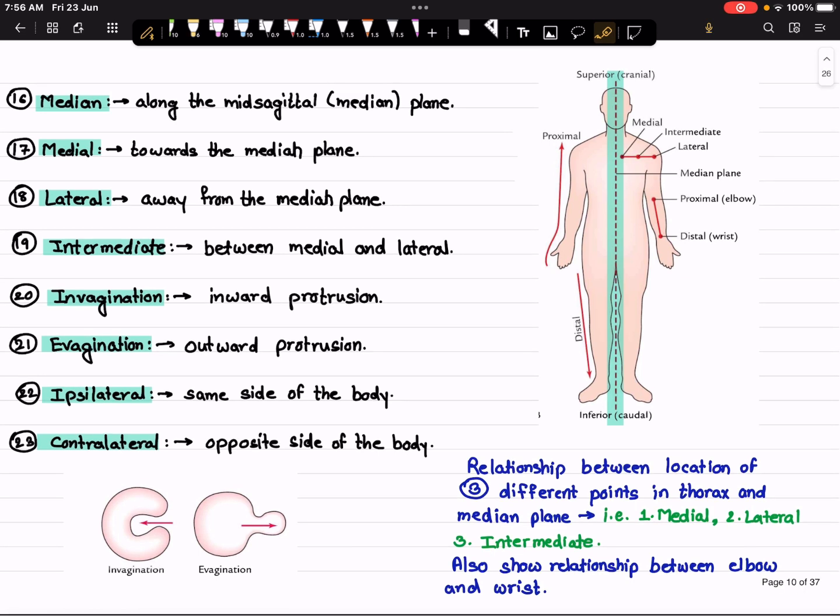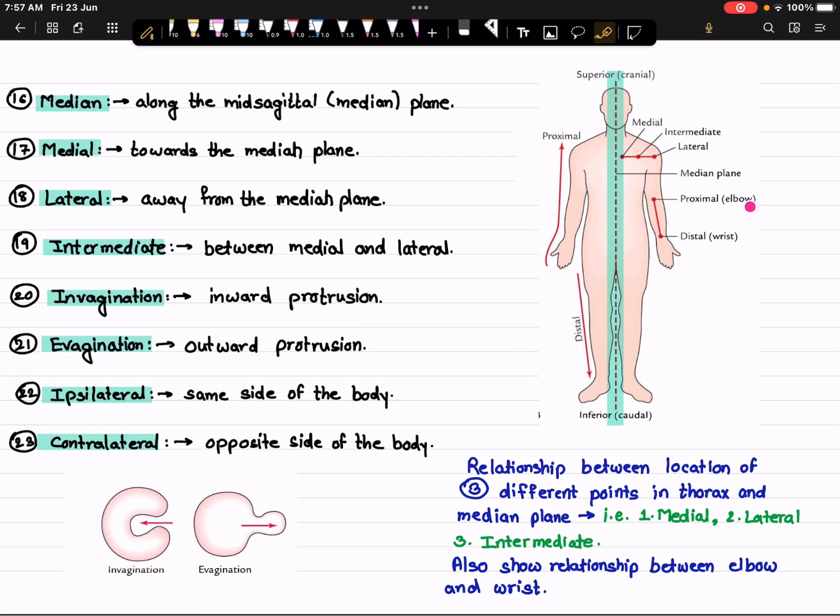We cannot say that this point is proximal to this point without a reference. When we say that the wrist is distal, it is distal to the elbow. So the wrist is distal to the elbow, or the elbow is proximal to the wrist.